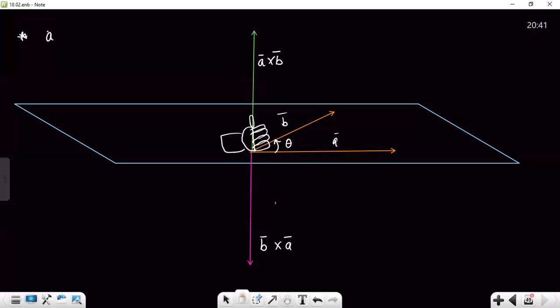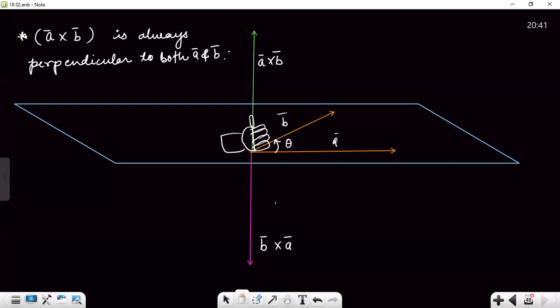Key points to write: A vector cross B vector, we call it C vector or whatever. This resultant vector is always perpendicular to both A and B vectors.